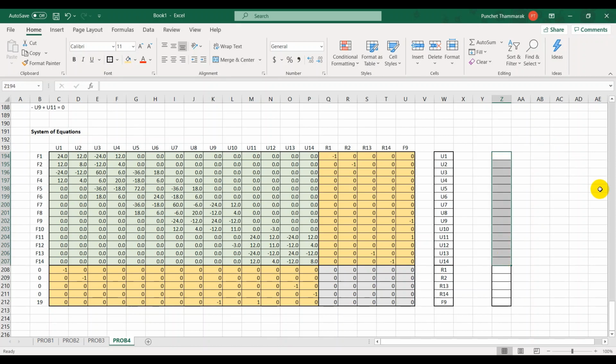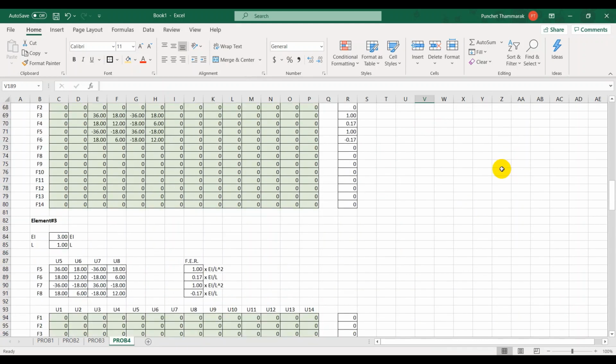So now we have the external force listing in here. Okay, so this is the left hand side force that we have.